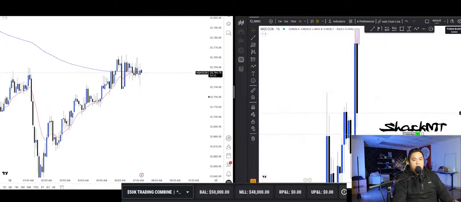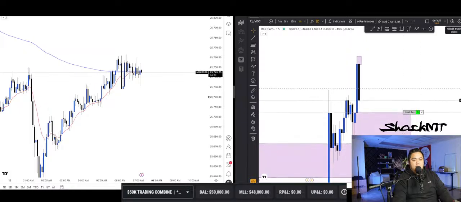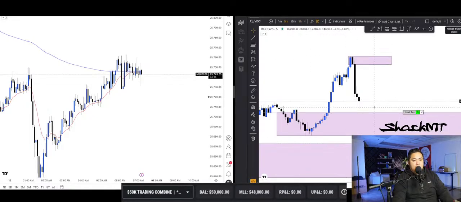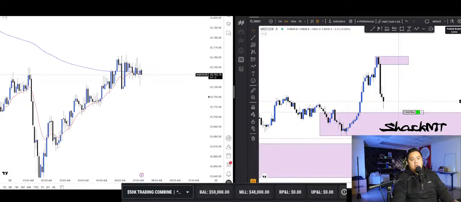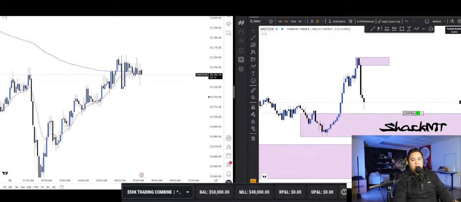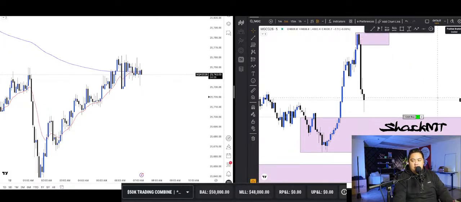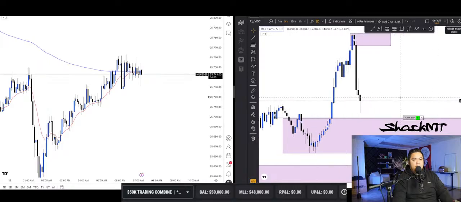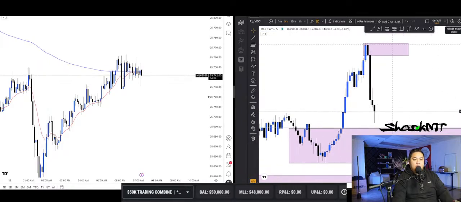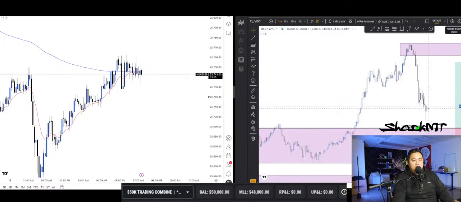Again, we have the 1-hour demand here, so just looking for the continuation higher. Just a bounce. Now this might dump even further and stop me out and then go long, but I like to take an aggressive entry and see what happens. We might not get filled.